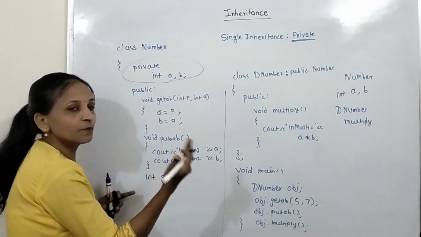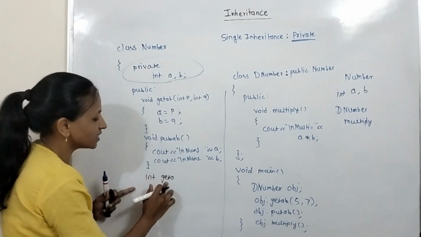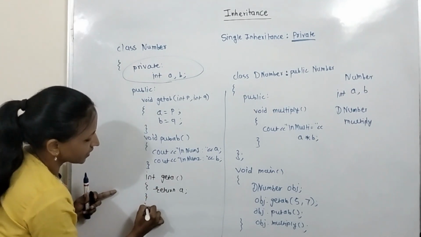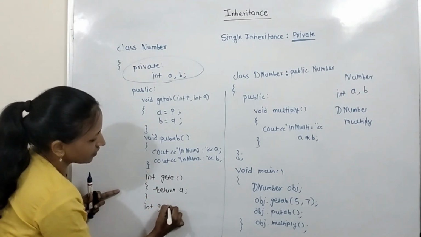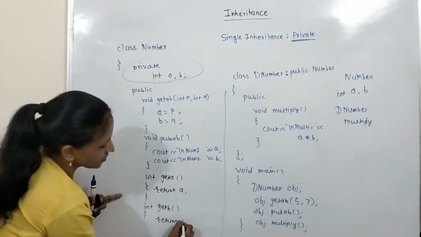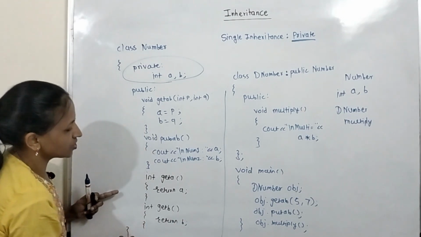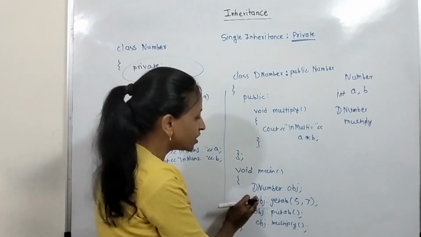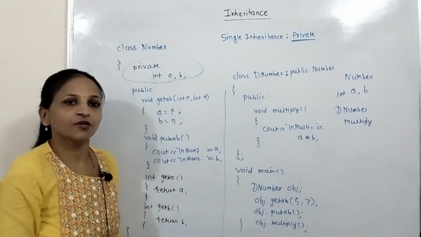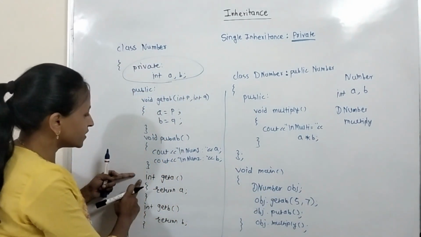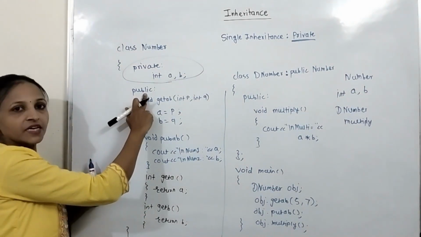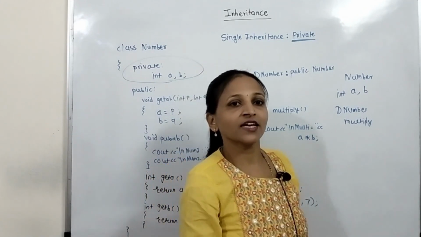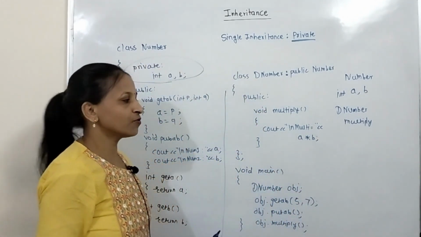That's why we have to use getter methods: simply int get a, where we return a, and next int get b, and return b. Simple. Using these member functions we can access a and b here. Also here we can access that a and b, no problem. Because get a and get b are public, they are easily accessible in derived classes as well as outside that class, anywhere you can access.